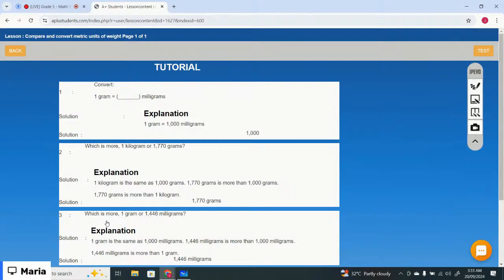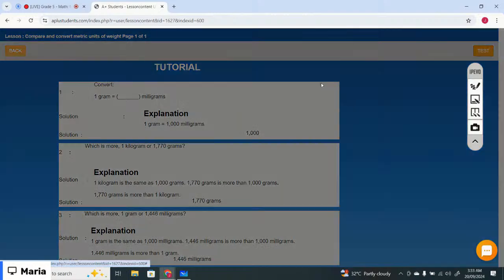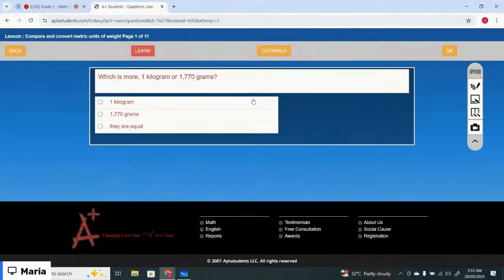1 gram equal 1000 milligrams. Let's just start with the test questions. Which is more, 1 kilogram or 1770 grams? So, which is more?